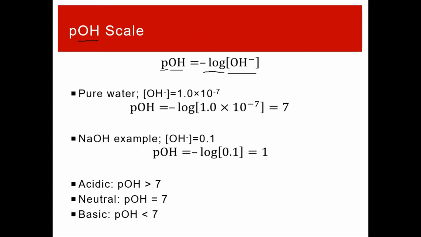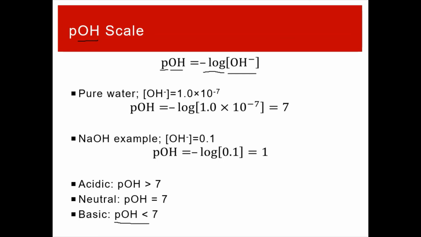Instead of asking how acidic is the solution, you're asking how basic is the solution. So pure water, the pOH is 7, just like it is for pH. But now if you're looking at, say, our hydroxide example, where the concentration was 0.1, you got a pOH of 1. So the difference between pH and pOH is just swapped.